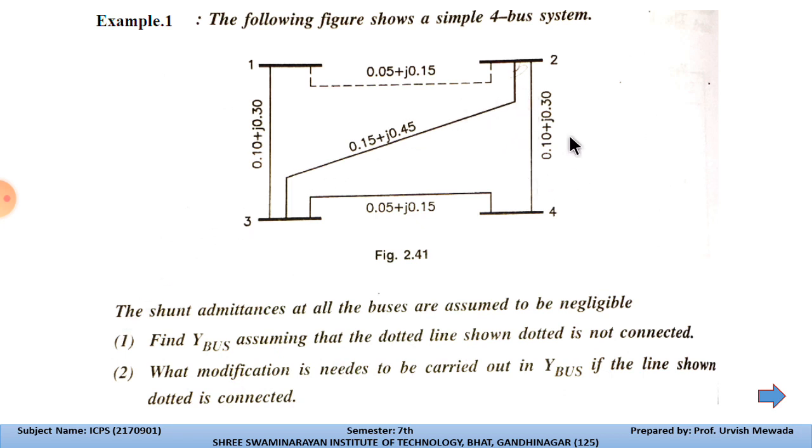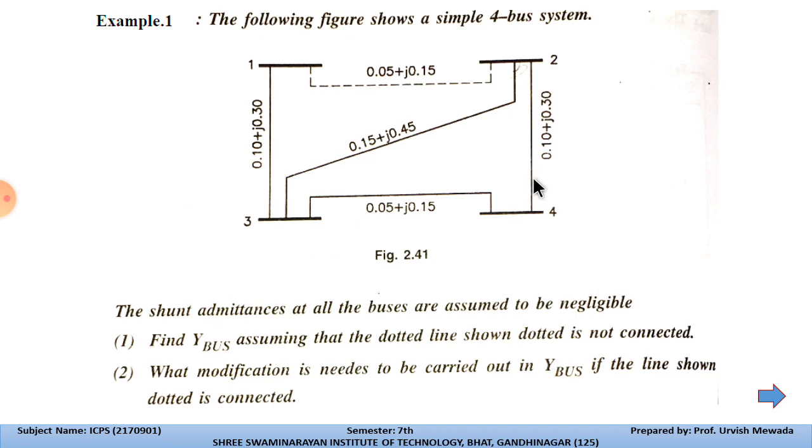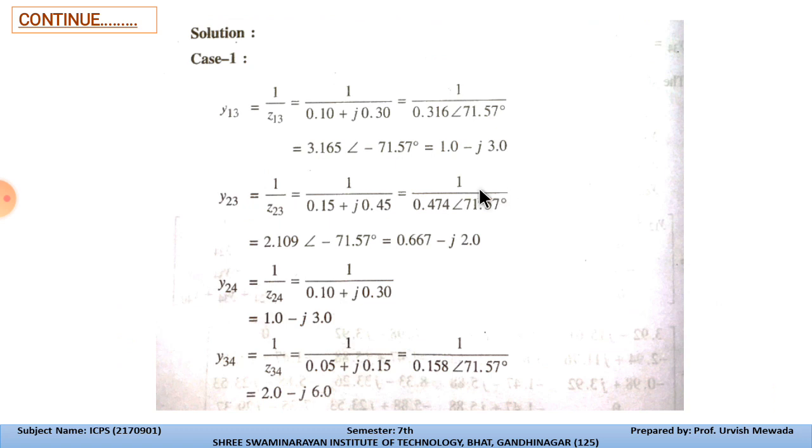Between 2 to 3 the impedance is 0.15 plus j0.45, sorry, the 0.10 plus j0.30 I was talking about is for 2 to 4; for 2 to 3 it is 0.15 plus j0.45. The R angle theta form of this is 0.474 at angle 71.57 degrees. So Y23 will be 0.667 minus j2.0.